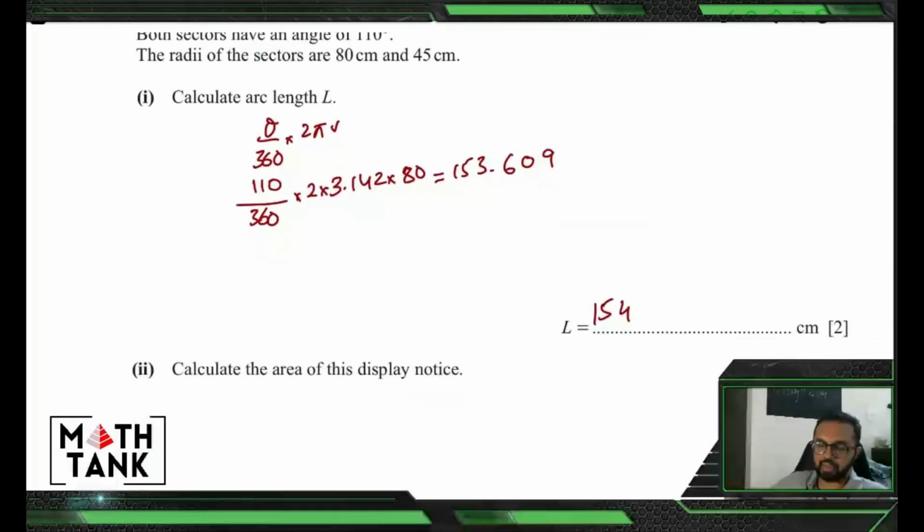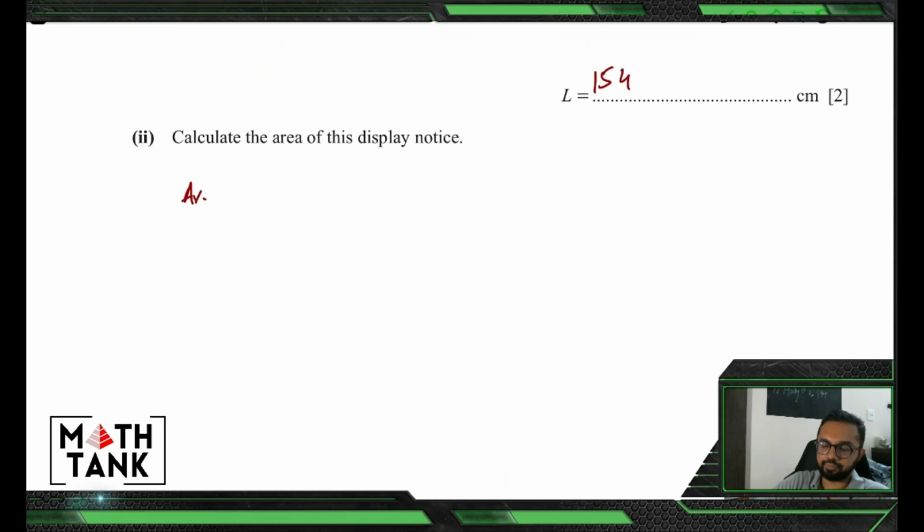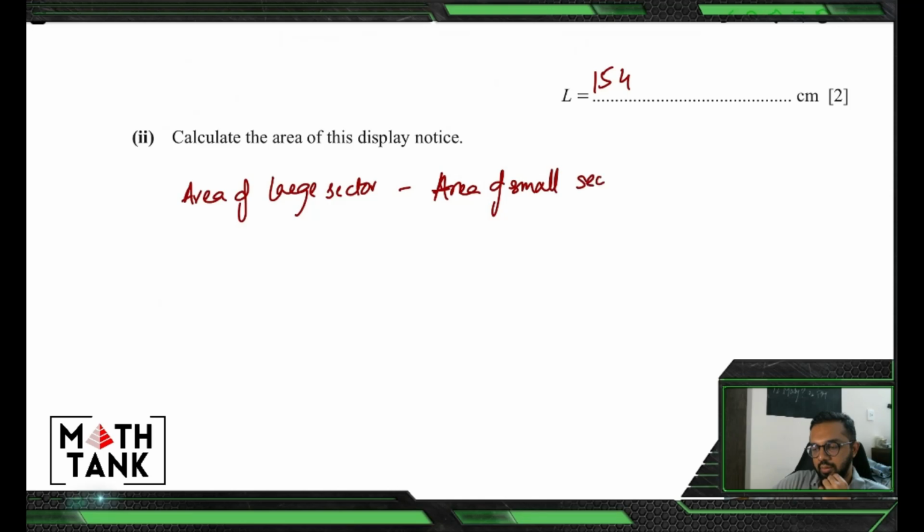So that's simple as well. It's the area of larger sector minus area of small sector. So it's theta over 360. This time it's pi r squared.